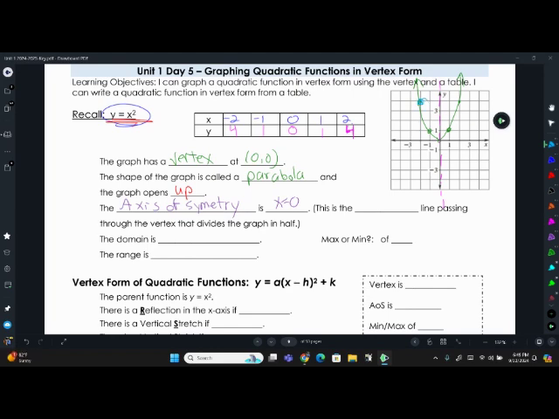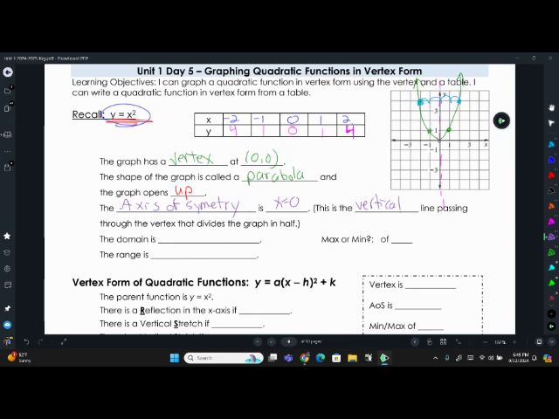Like this y value is 2 units away, and this same y value is 2 units away from the axis of symmetry. So we're actually going to use that today to help us plot some points to draw this parabola. Again, this is the vertical line that passes through the vertex and divides the graph in half.